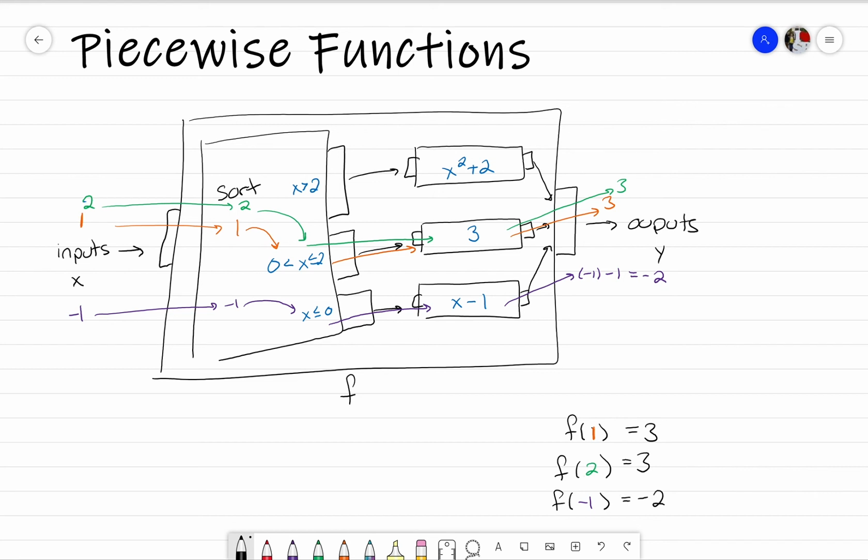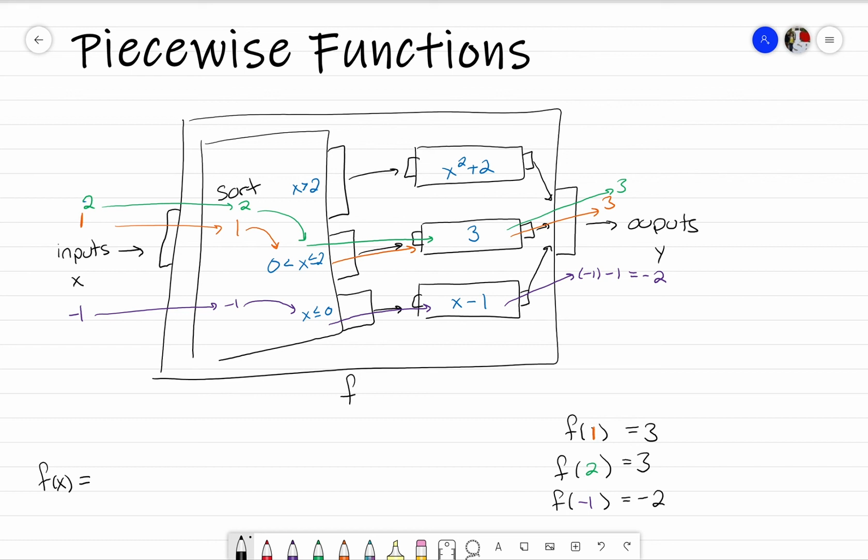So that's how a piecewise function works. The only thing left to mention is, how do we write this down? Because drawing this picture every time would be pretty cumbersome. Well, we still start with f of x equals, just like we would for any other function.